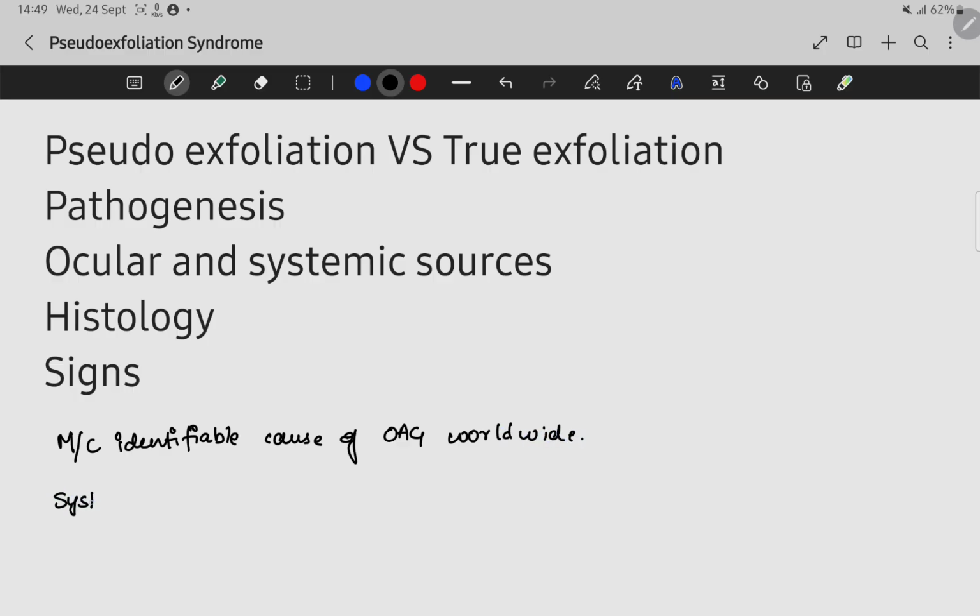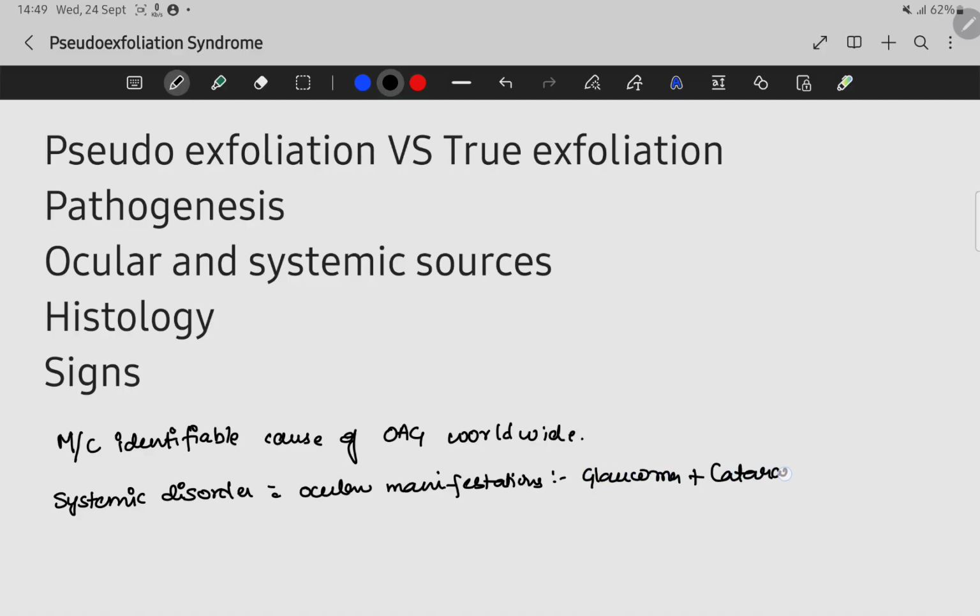So it is a systemic disorder with ocular manifestations, that is glaucoma plus cataract with zonular instability. So this is the triad of PXF, that is glaucoma, cataract and zonular instability.